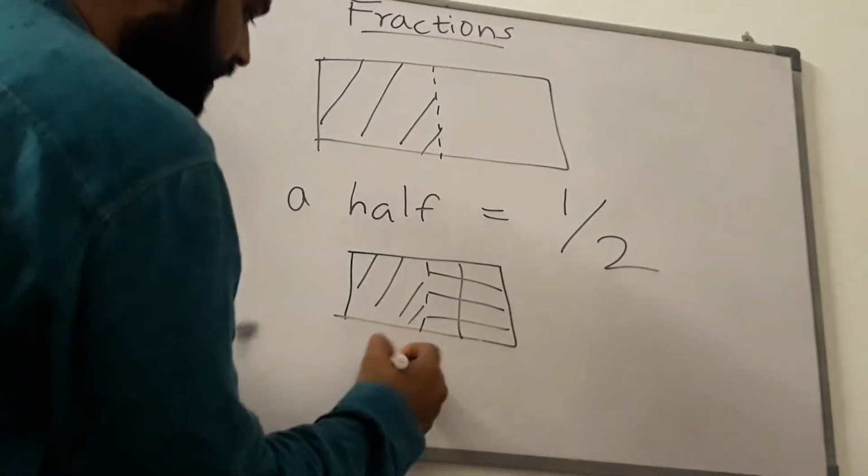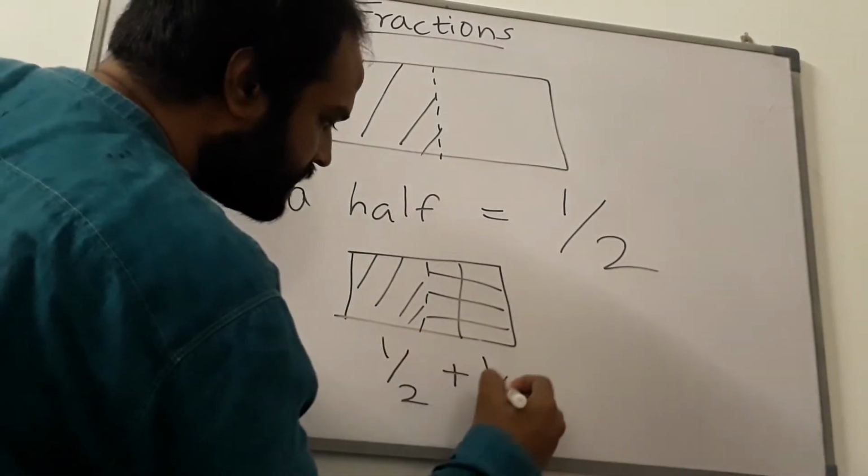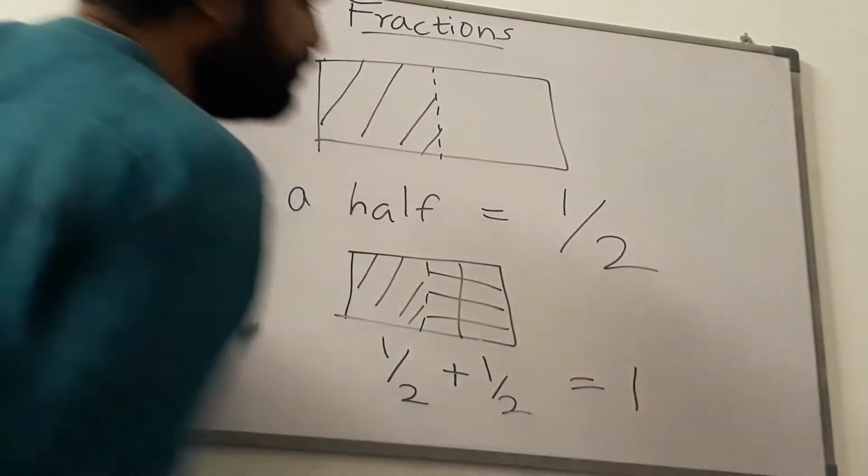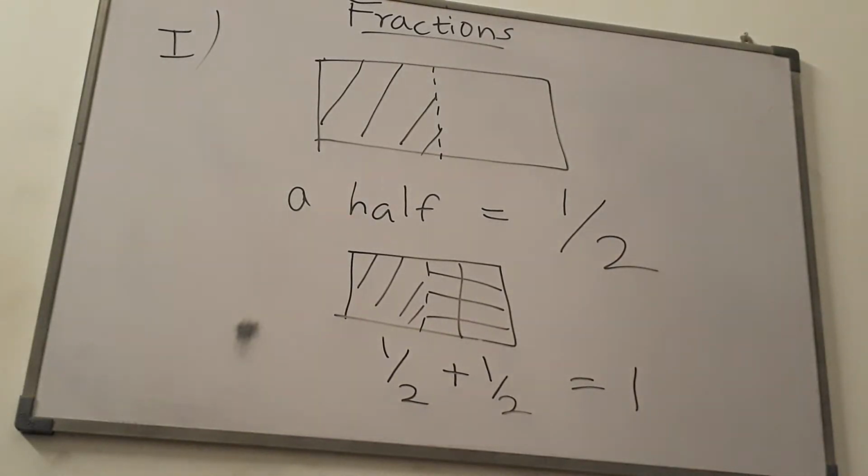So we can say half plus another half is equal to one complete whole. This is the basics. I'll talk about this later.